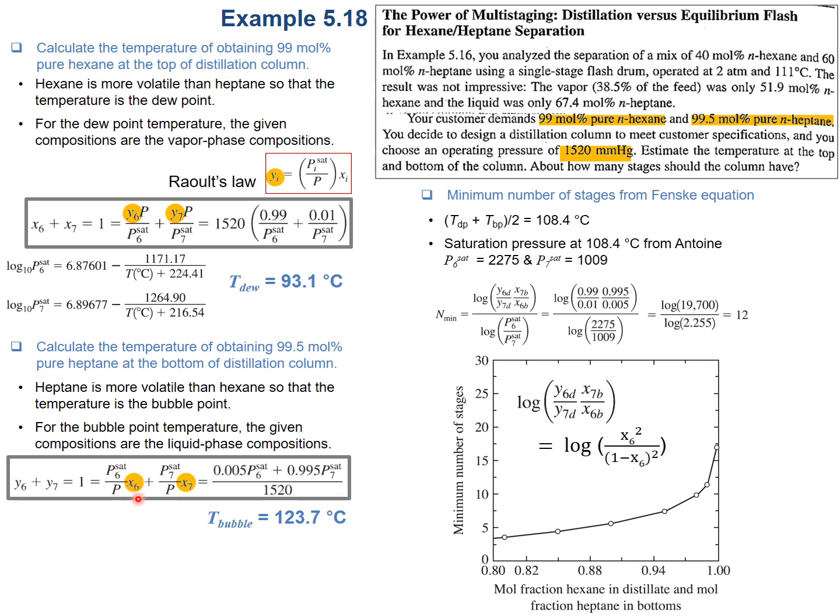So X7 is 0.995, the rest, X6, is 0.005, and the pressure is 2 atm, and the saturation pressure is described as a function of temperature by the Antoine equation in the same way as for the dew point. Then this equation is a function of a single temperature. That temperature is the bubble point for the bottom product, and the calculated value is 123.7 Celsius degrees. And then it's time for the minimum number of stages.